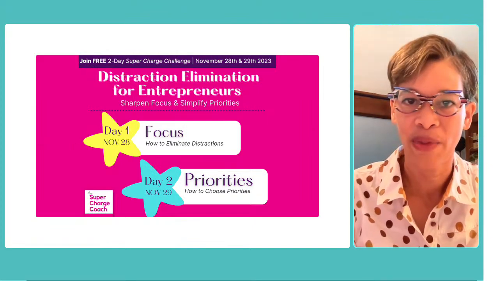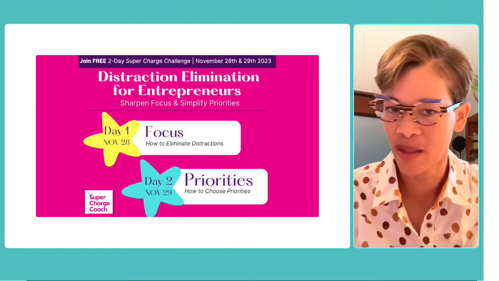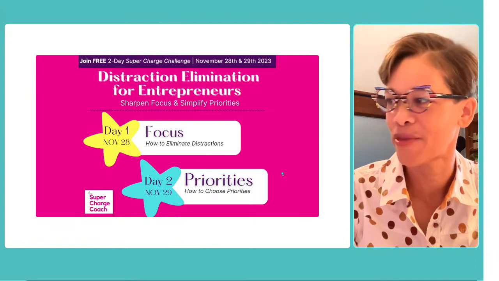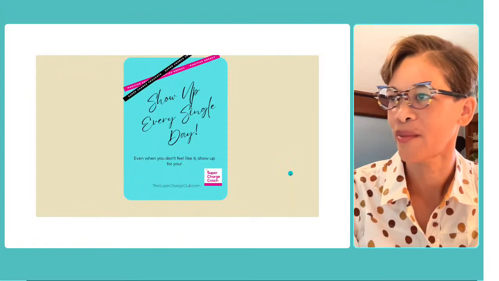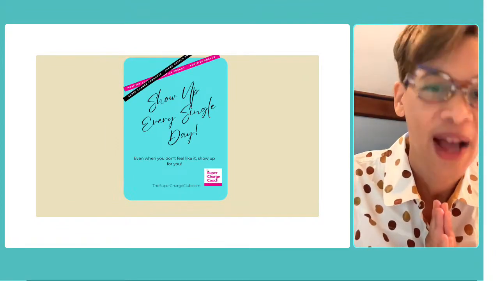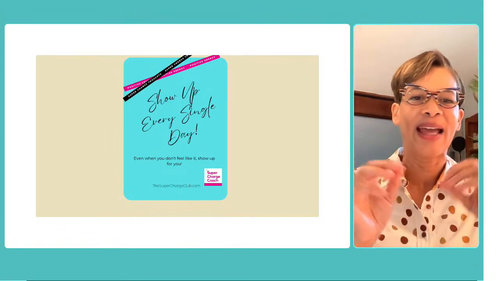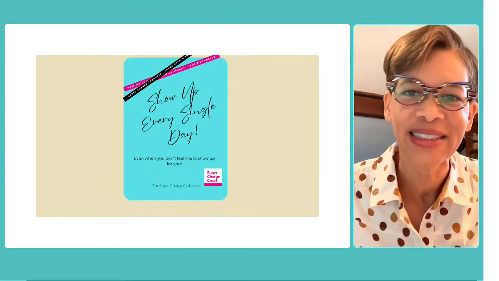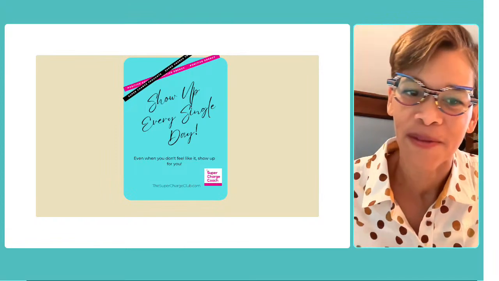And then with that, our next little slide for you is the thought for the day, the Supercharge positive energy thought for the day. And that is: show up every single day for yourself.